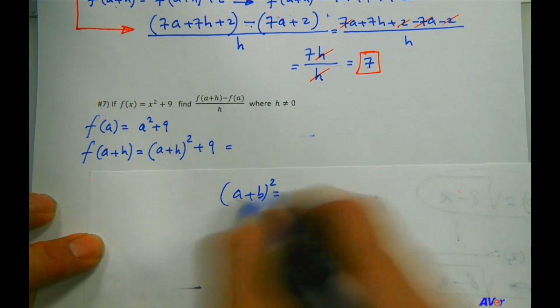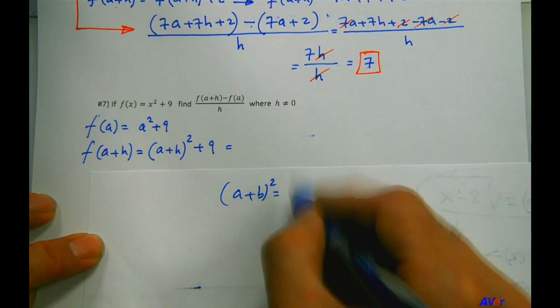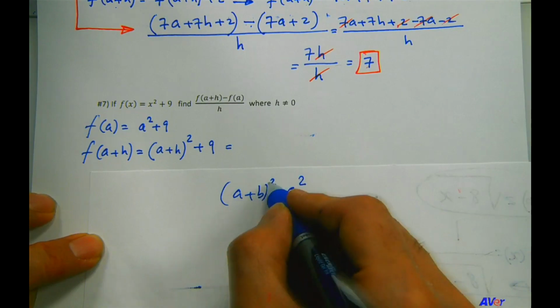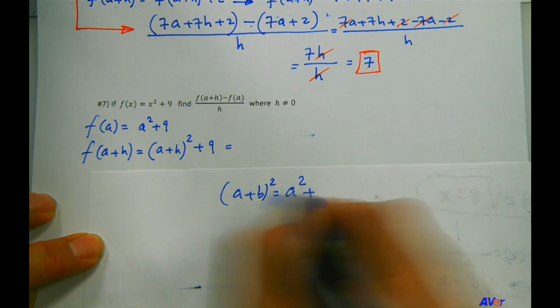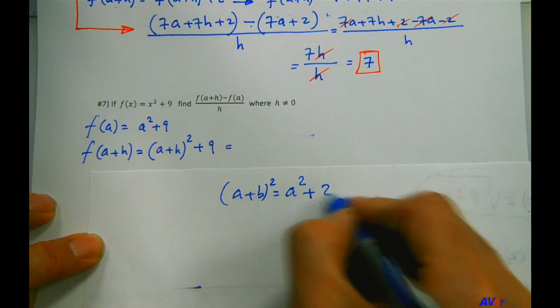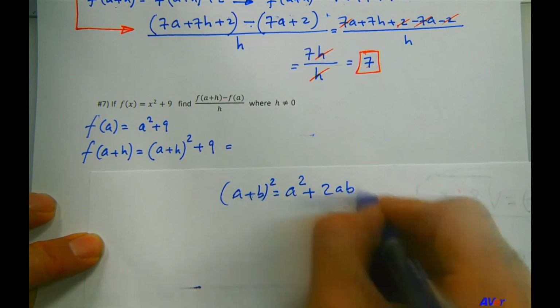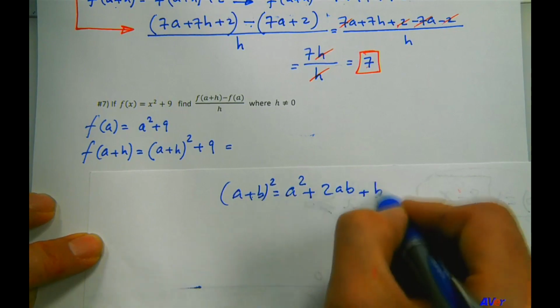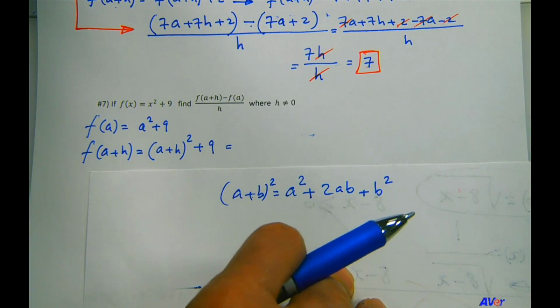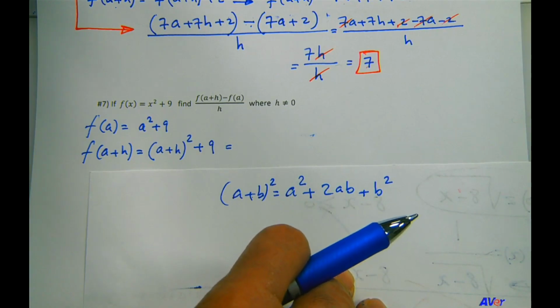Okay? So if you have a binomial squared, the expansion of this is a squared, or the first term squared, plus 2 times ab, 2 times the first term times the second term, plus the second term squared. Earlier I was talking about 3 special product formulas that are very important to remember.